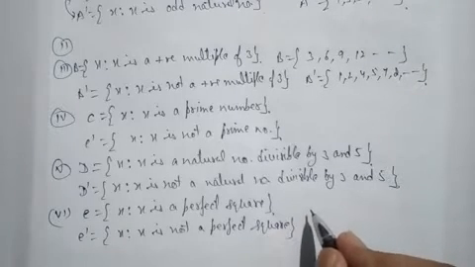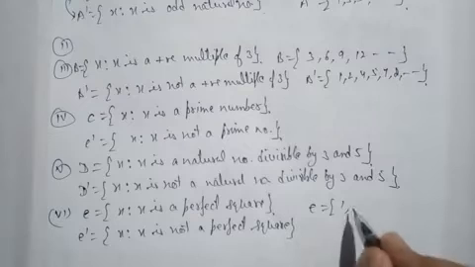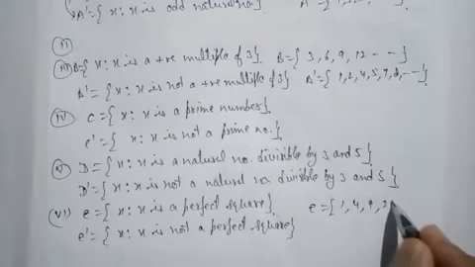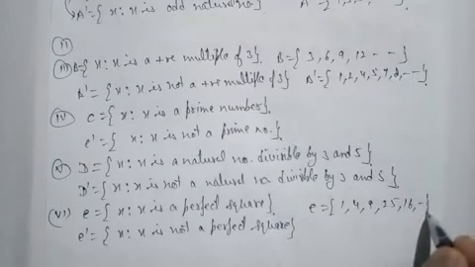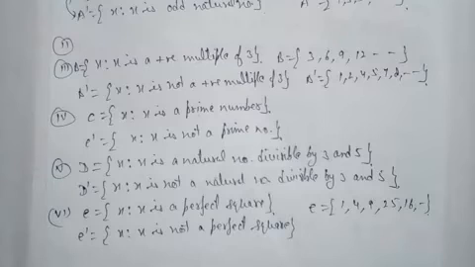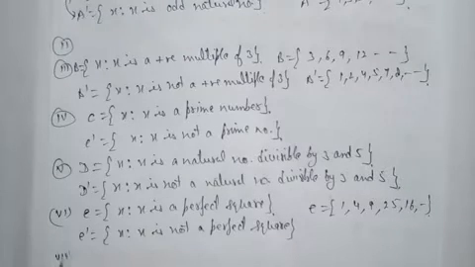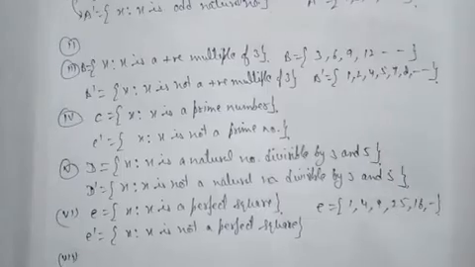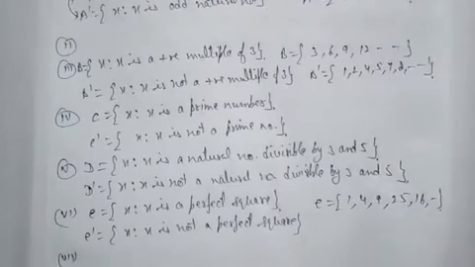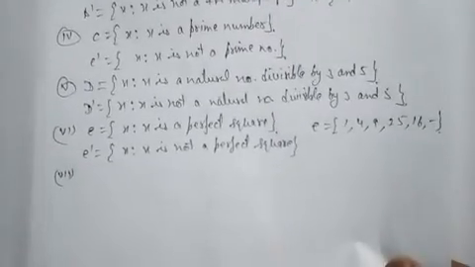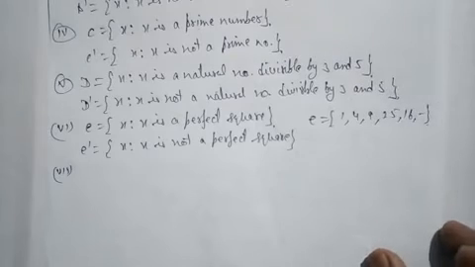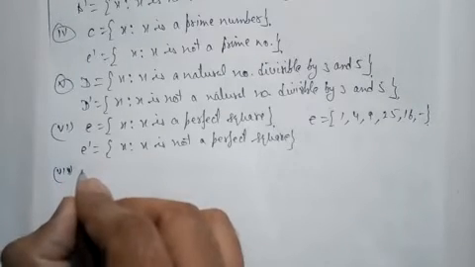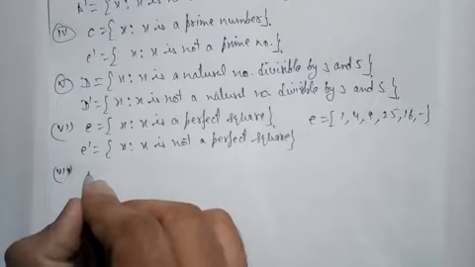Perfect square means elements are 1, 4, 9, 16, 25 like that. Clear. Seventh, x is a perfect cube, so x is not a perfect cube. Seventh you will try yourself.